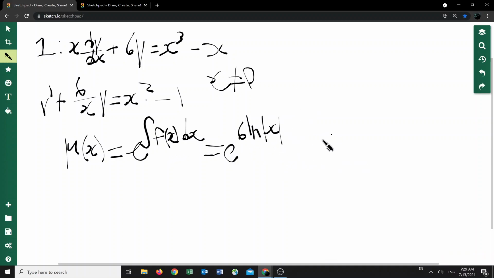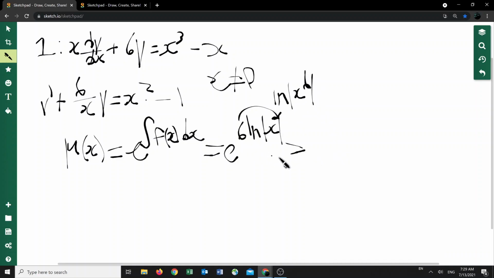And recall from the previous argument that we don't need the plus c here; we're only going to end up with one constant of integration later on. By log properties, we can bring this 6 inside, raising everything to the 6th power, but I like doing it like this. So this is equal to ln of the absolute value of x to the 6th.